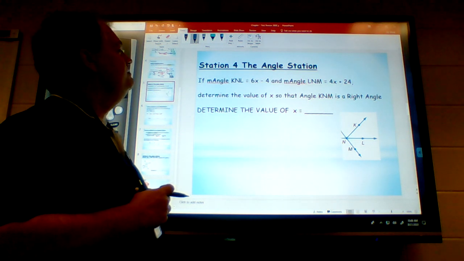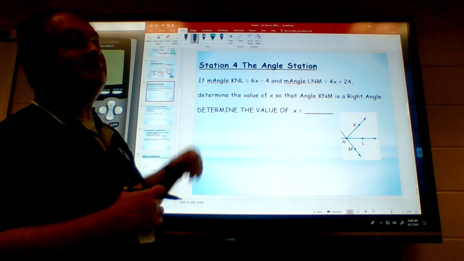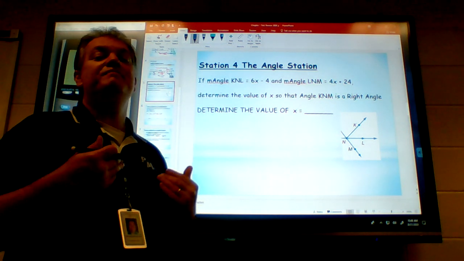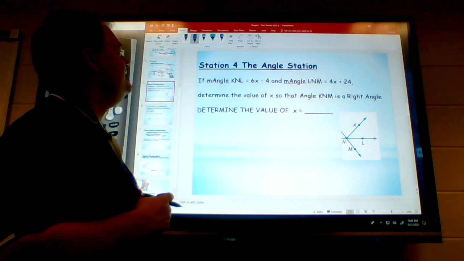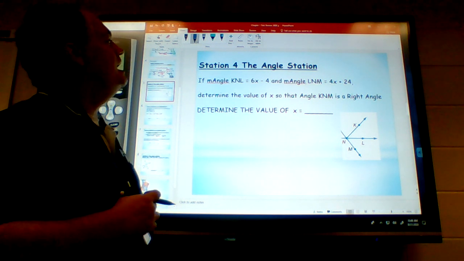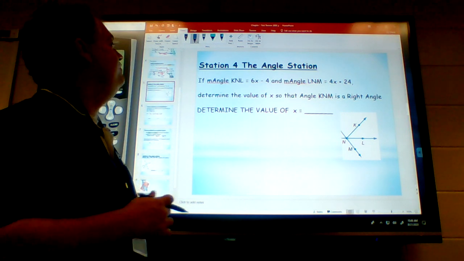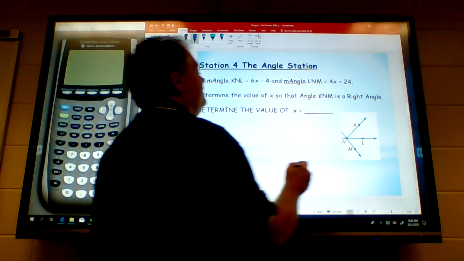Now, for this next one, it says if the measure, now notice it says little m, remember, that means measure of. The measure of angle KNL equals 6x minus 4, and the measure of angle LNM is 4x plus 24. Okay, so let's go ahead and fill in this information.